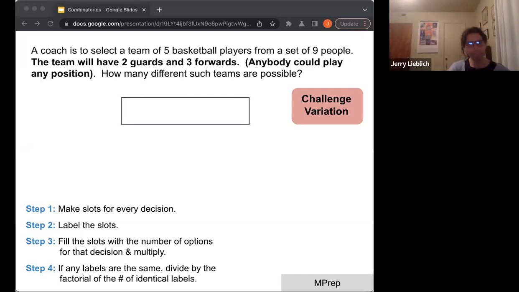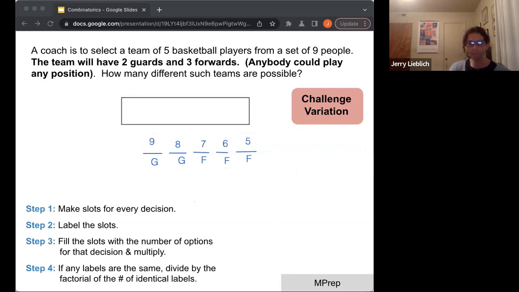Okay. So once again, we set up our 5 slots and we label them. We've got our 2 guards and 3 forwards. And we fill in our numbers again, 9, 8, 7, 6, 5.